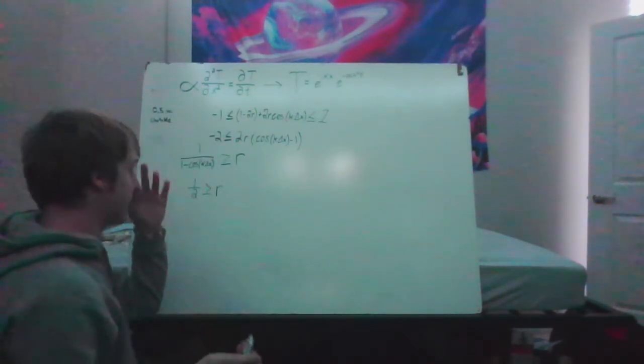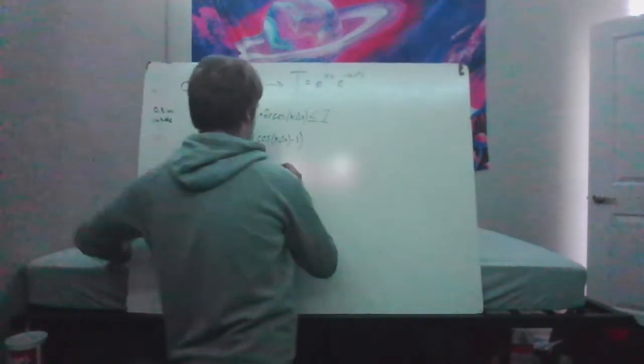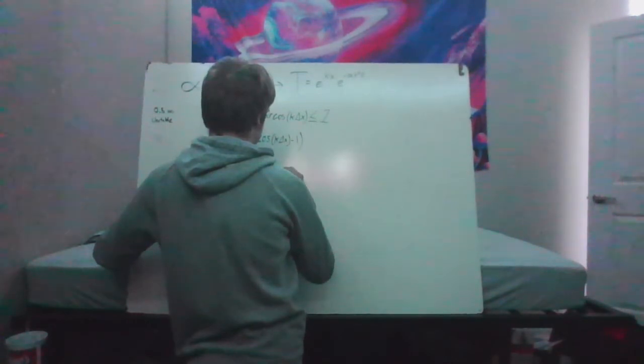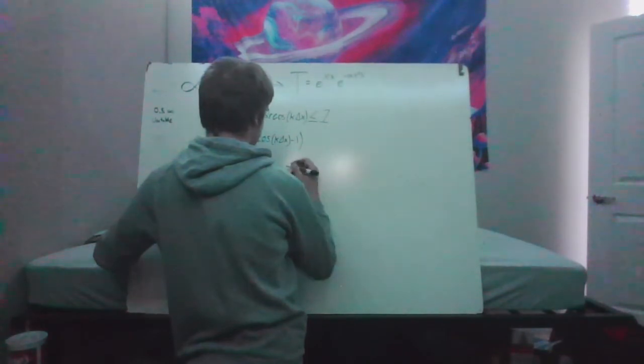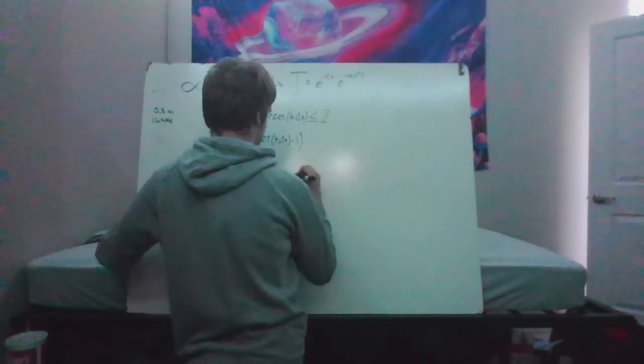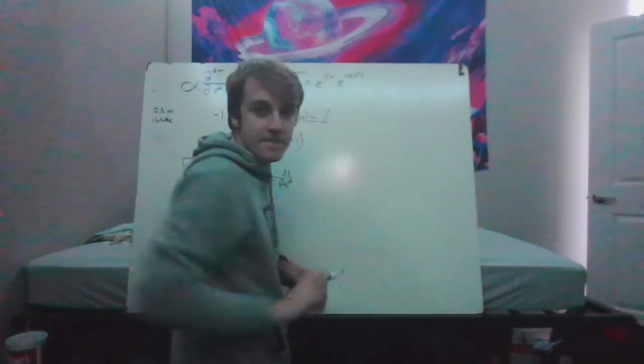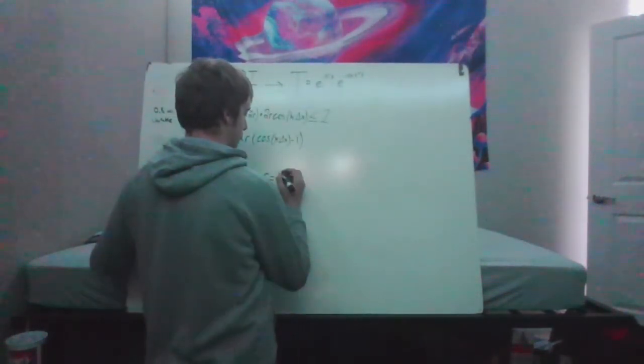So how that makes sense with our von Neumann analysis is that, again, this r is equal to delta t over delta x squared and alpha up here as well.